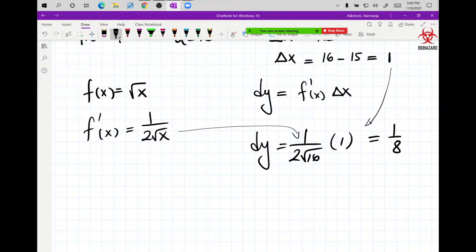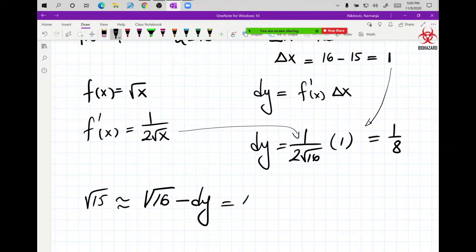So that's the change in this one. Okay, so what is square root of 15? Use some common sense. It's going to be square root of 16, take away the change. Because when I changed my input number from 15 to 16, the output changes, and I can detect that change in output by using dy, approximating dy.